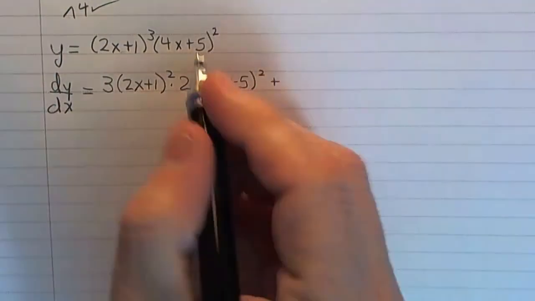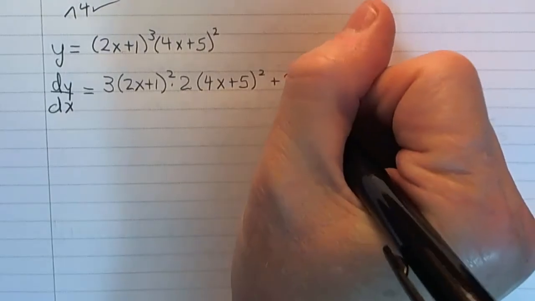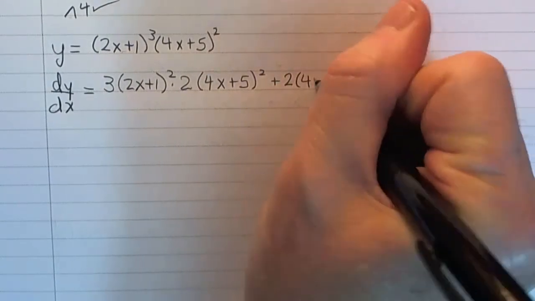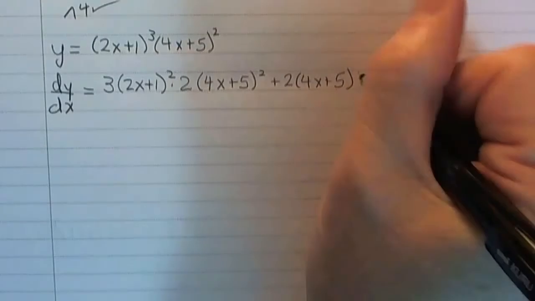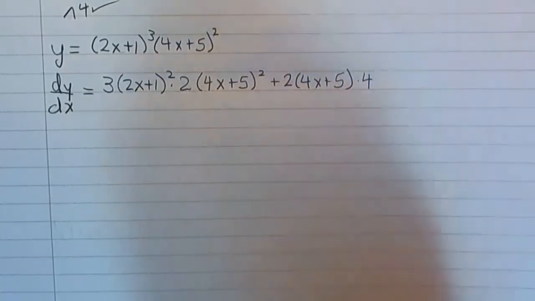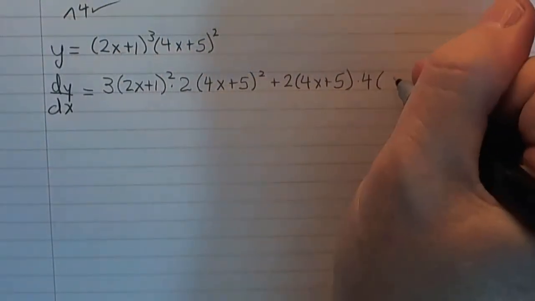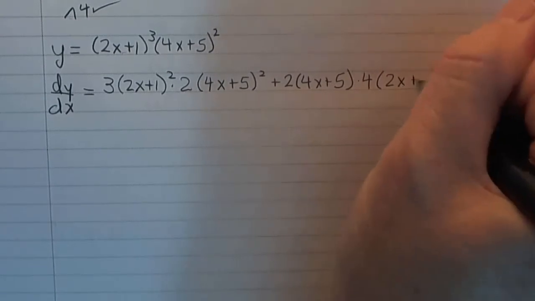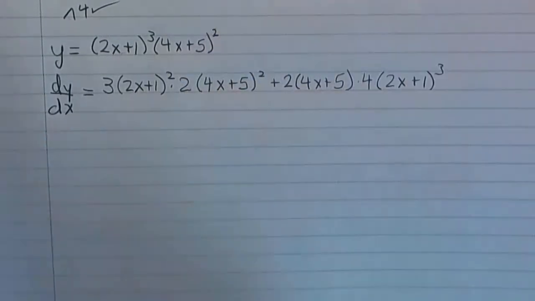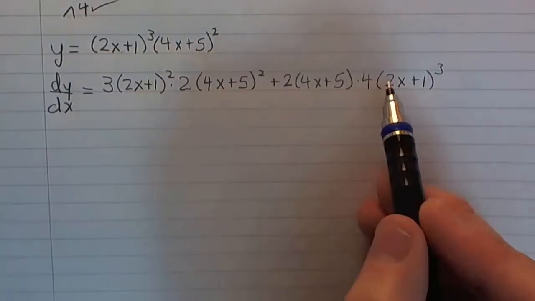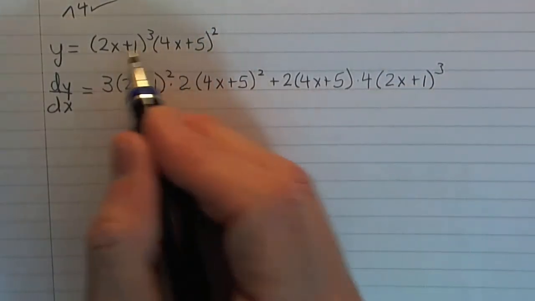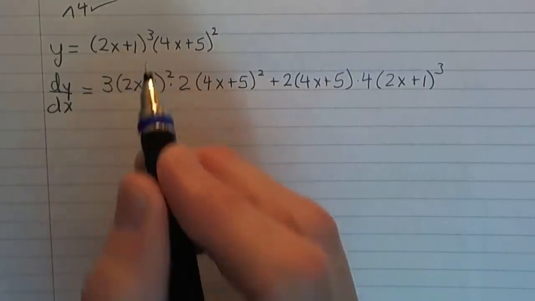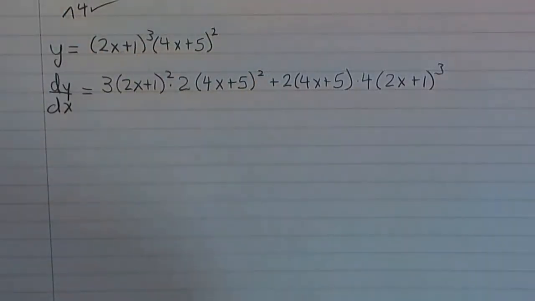Plus, now I'm going to take the derivative of the second. Chain rule. See, there's the derivative of the outside times the derivative of the inside times the first function. So I've got the product rule going here, but within the product rule, when it comes time to differentiate these factors, I have to use the chain rule.